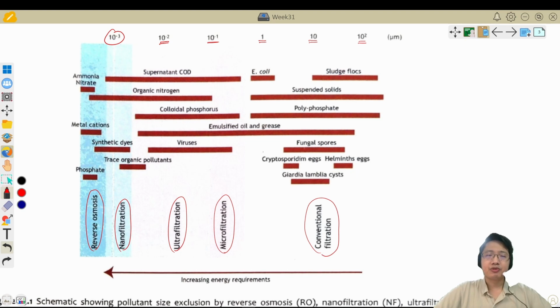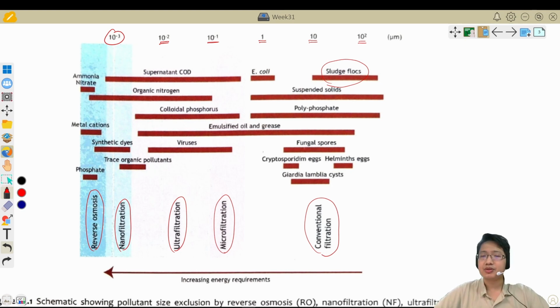Under these levels, if we are considering including membranes in activated sludge systems, most of the membrane modules' purpose is to replace the sedimentation tank or the secondary clarification tank, as we just talked about previously. So when you are going to separate the solid particles of activated sludge, the sludge floc size is about 10 to 100 micrometers.